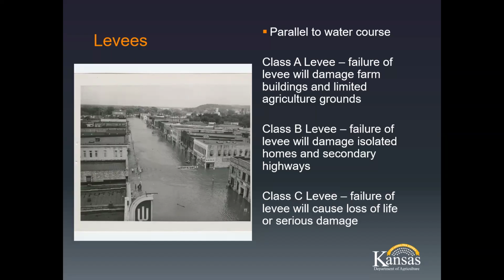So a levee is parallel to the water course, follows the stream. A Class A levee is one whose failure will damage farm buildings and is limited to agricultural grounds. Class B levee is failure of a levee will damage isolated homes and secondary highways. And a Class C levee is failure will cause loss of life or serious damage.